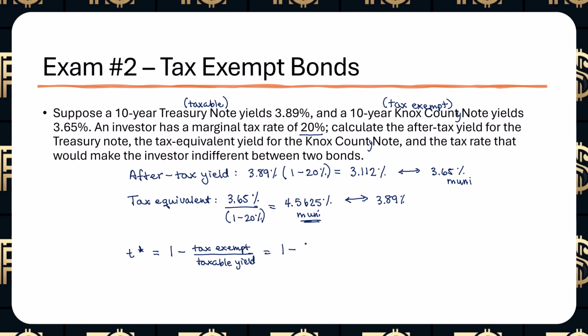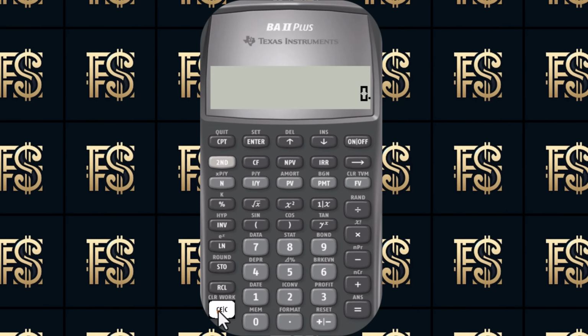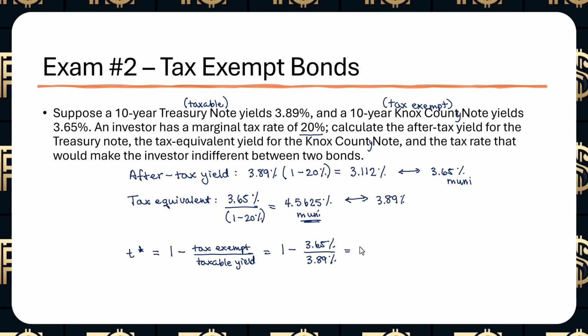That's 1 minus the 3.65% divided by the 3.89%. So I take 1 minus open parentheses 3.65% divided by 3.89%, and we find that the tax rate of indifference would need to be 6.17.